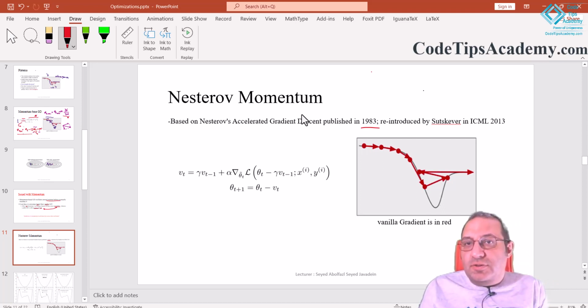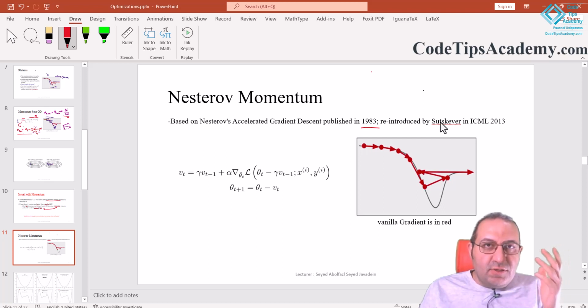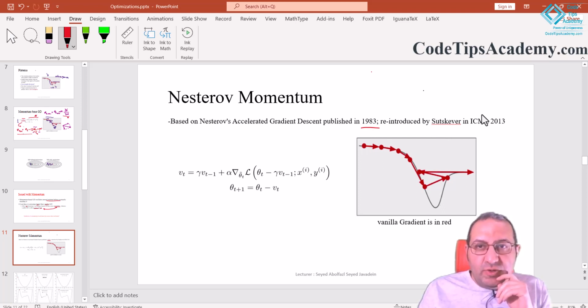But in 2013, Ilya Sutskever, who is one of the famous scientists in deep learning, one of the writers of the AlexNet paper, and creator of many good papers, introduced Nesterov momentum.